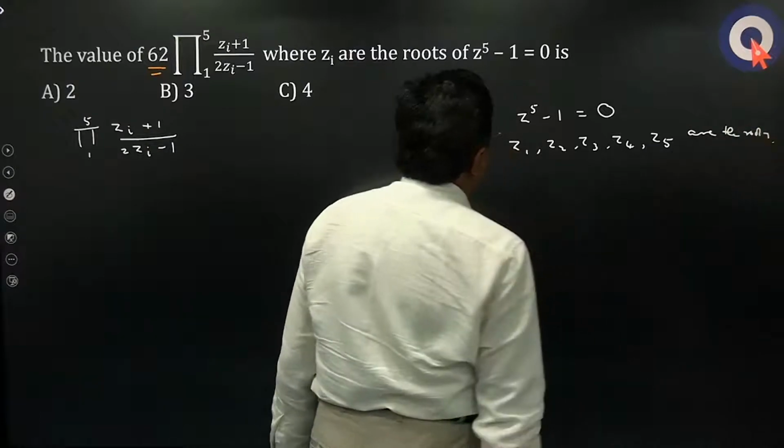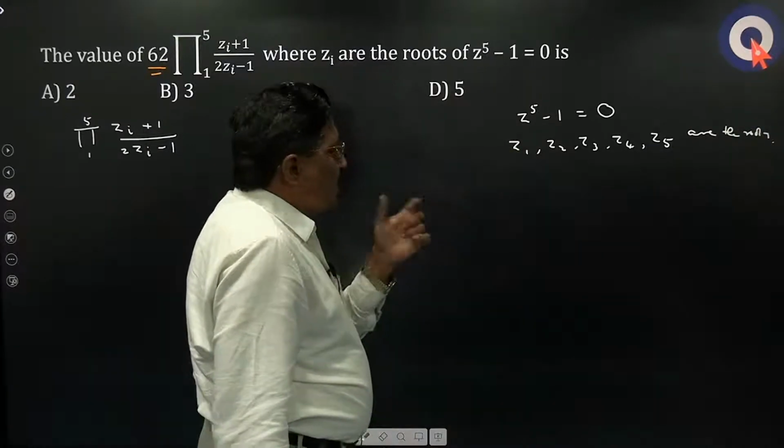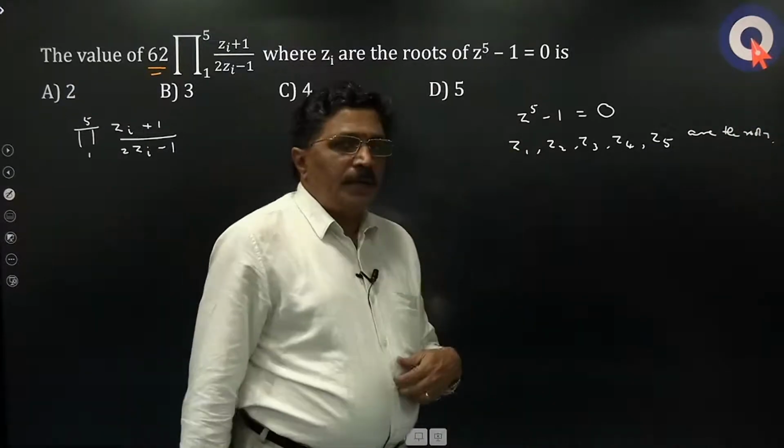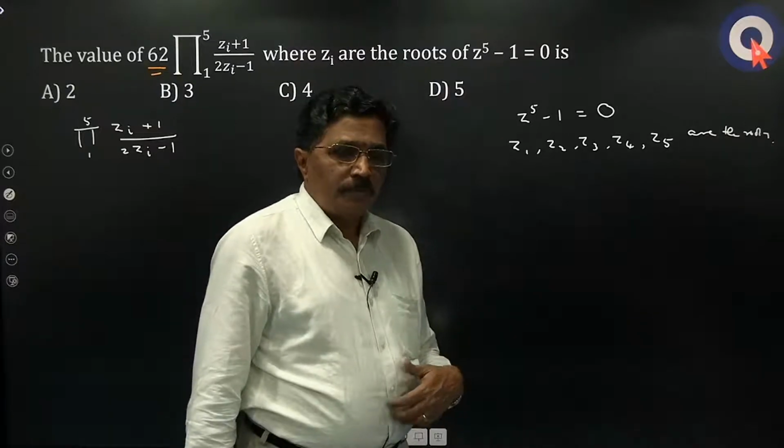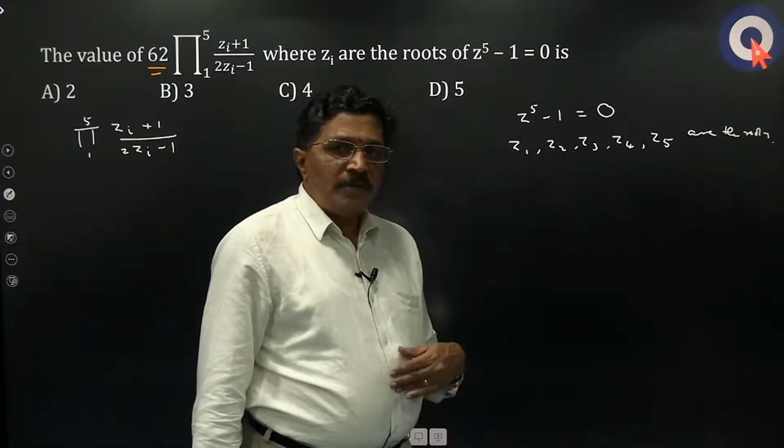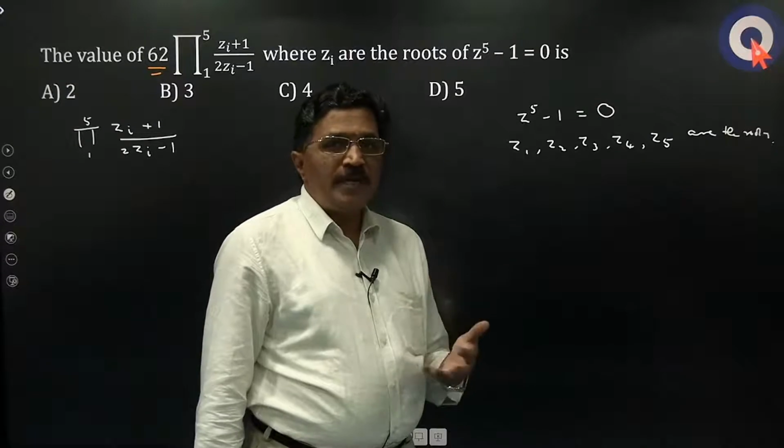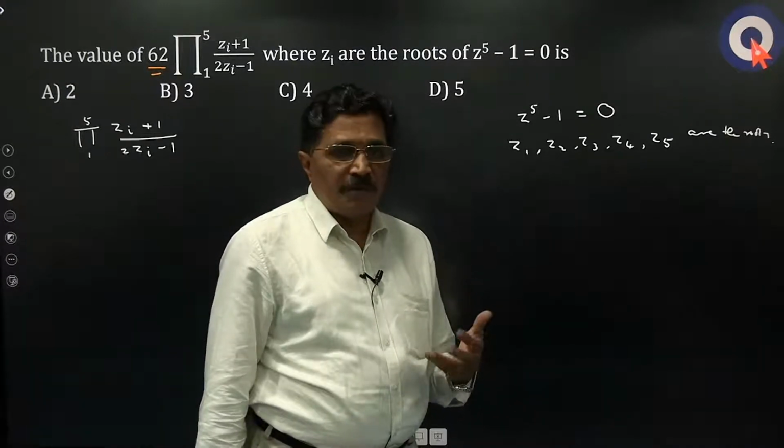You can notice, if you consider a polynomial equation, a x power 5 plus b x power 4 plus c x cube plus d x square plus e x plus f equals 0.